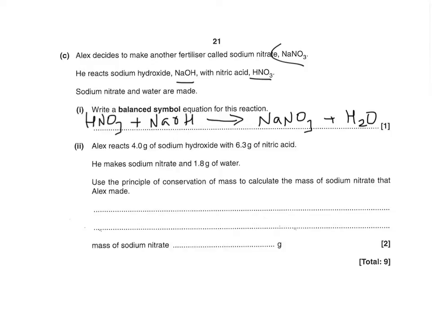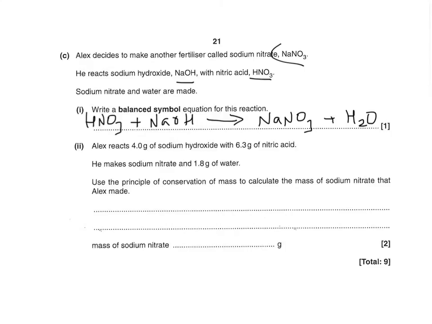Next question. Alex reacts 4 grams of sodium hydroxide with 6.3 grams of nitric acid. He makes sodium nitrate and 1.8 grams of water. Use the principle of conservation of mass to calculate the mass of sodium nitrate that Alex made. So essentially, the mass of stuff you start with will equal the mass of stuff you end up with.